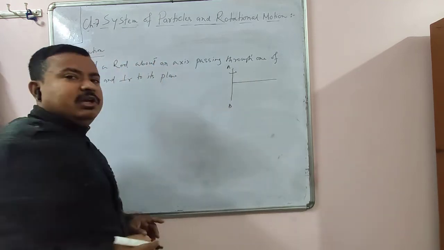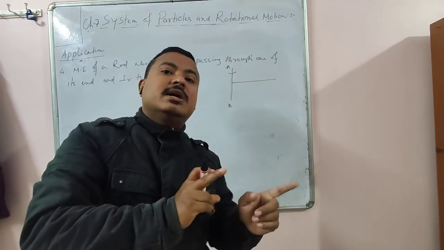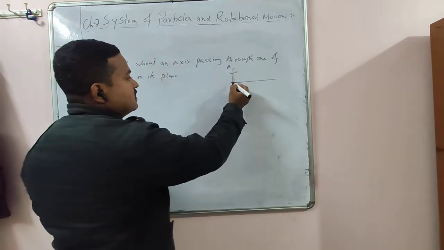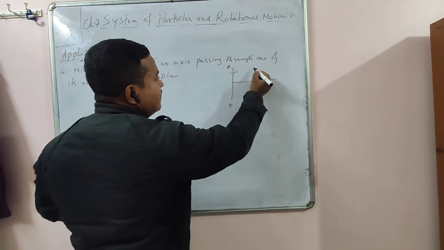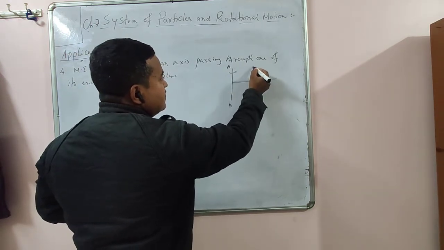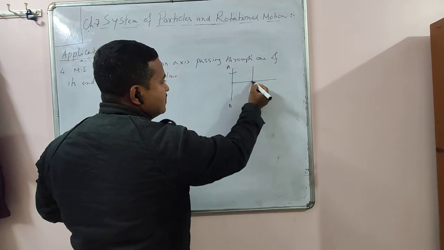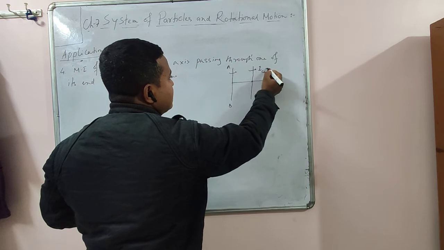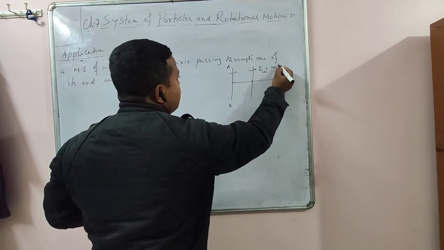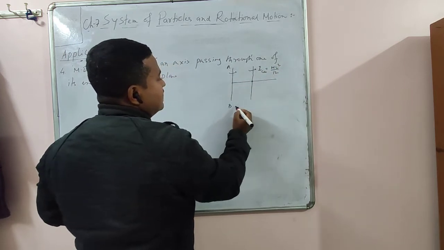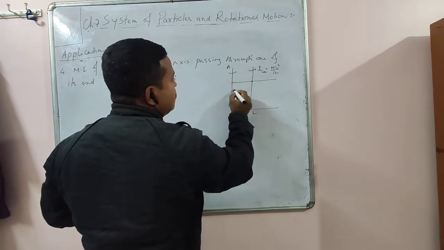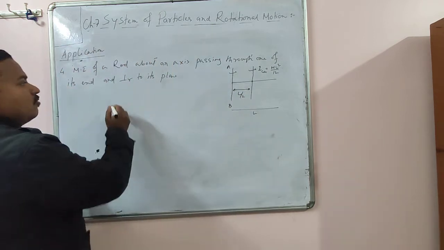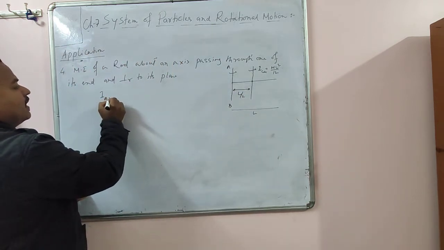So as I have told you, if the given axis is not passing through center, that means somehow we have to apply the parallel axis theorem. So this is the axis. Then you have to see, this is the center of mass. This I already gave you the formula. I_CM, that is what? ML square by 12. This is the length of the rod, L. So this will be L by 2. So here you apply the parallel axis theorem.